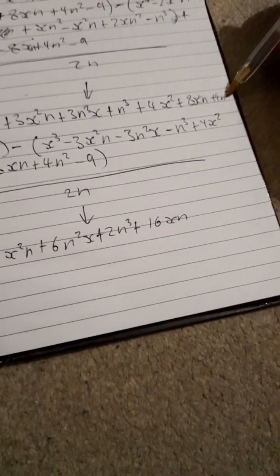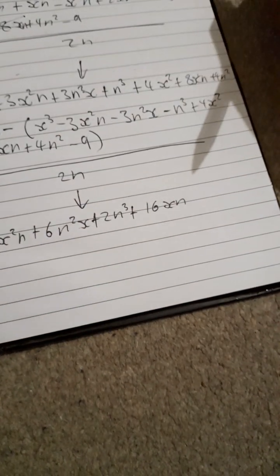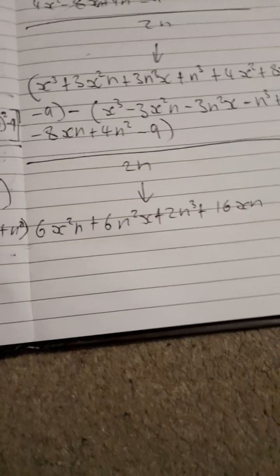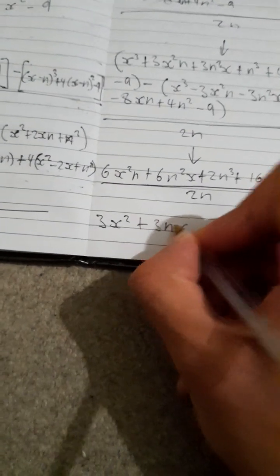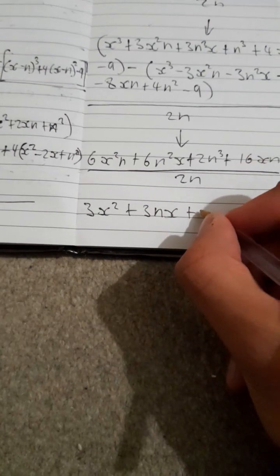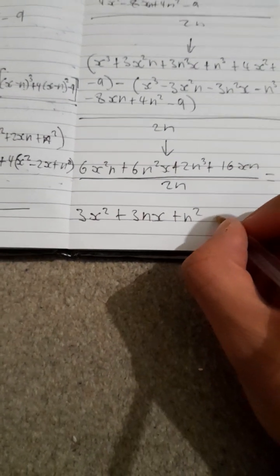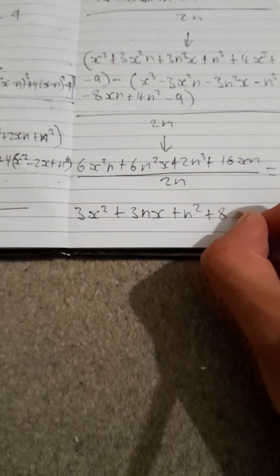The 4n squared cancel out, and the minus 9 plus 9 cancel out. So that's all over 2n. We can cancel 2n out and we get 3x squared plus 3nx plus n squared plus 8x, I think.